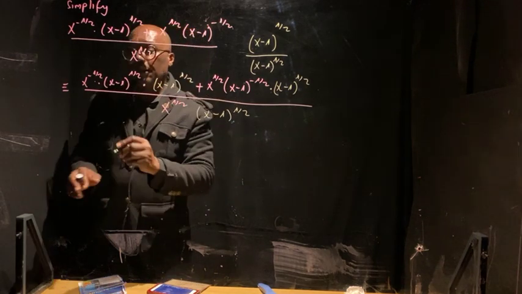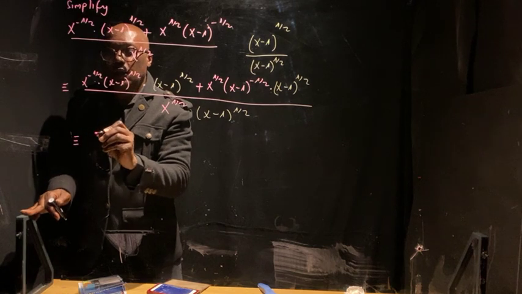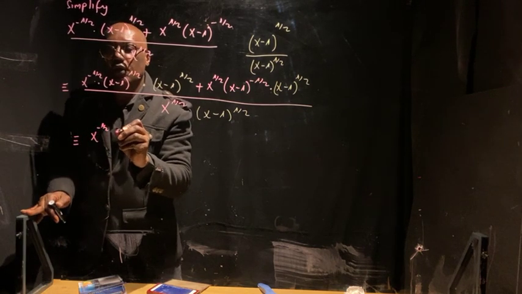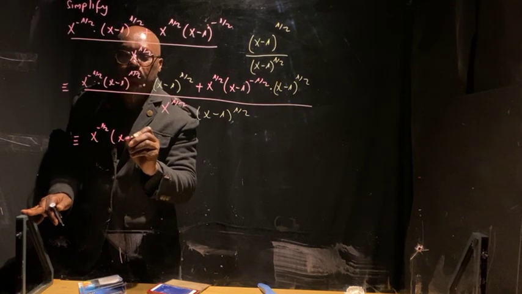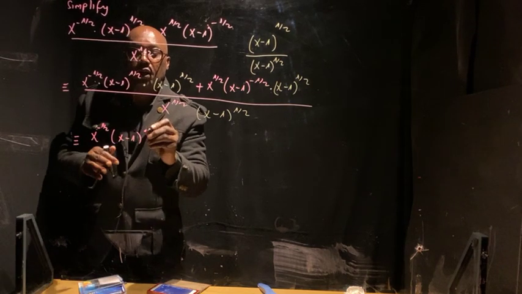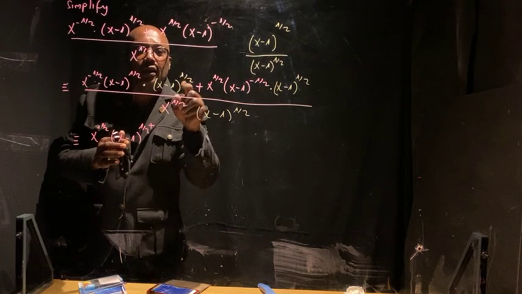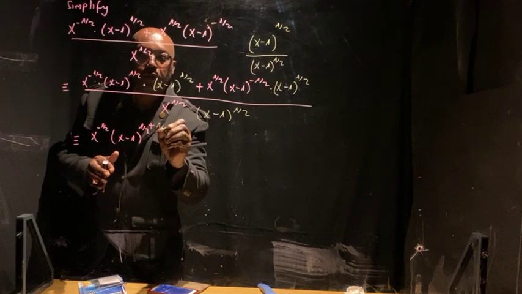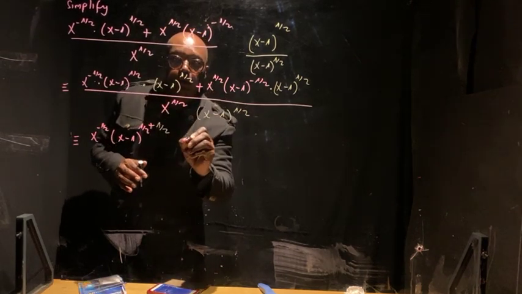As you know, applying the law 1, it becomes x raised to the power negative half, x minus 1 raised to the power half plus half. Then the plus comes there.